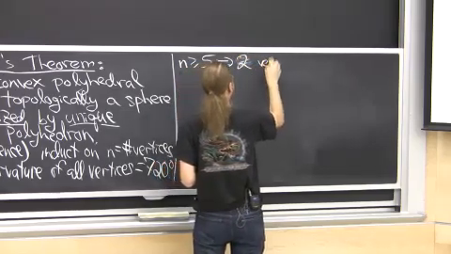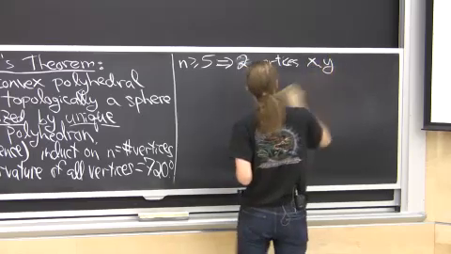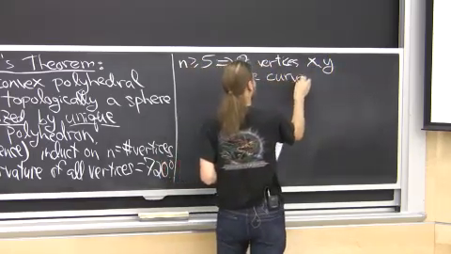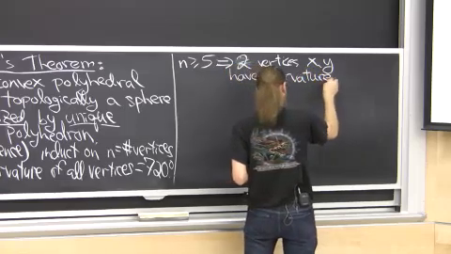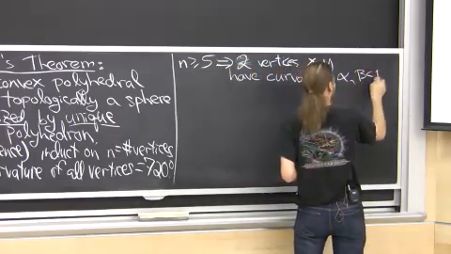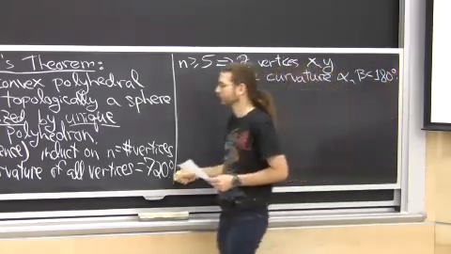Two vertices, I'm going to call them x and y, have curvature, call them alpha and beta, less than 180, which is 1/4 of 720.